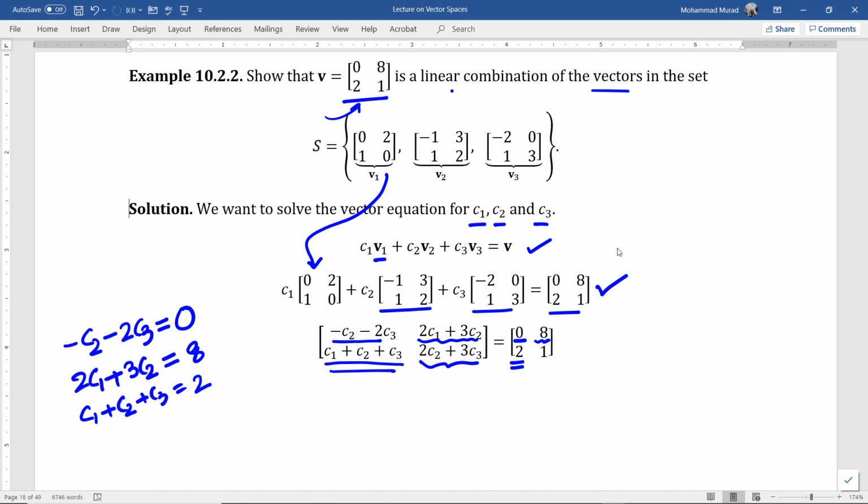And finally, we have 2 C sub 2 plus 3 C sub 3 equals 1. So this is a 4 by 3 system. It has 4 equations and 3 unknowns.